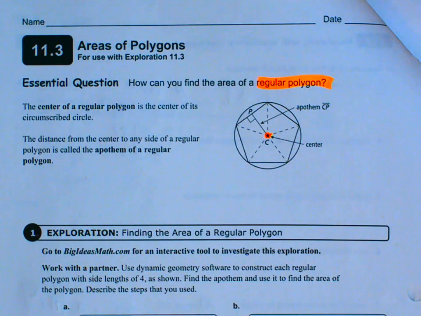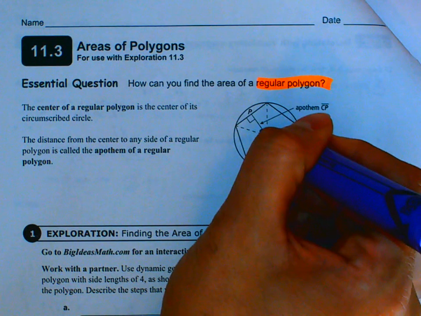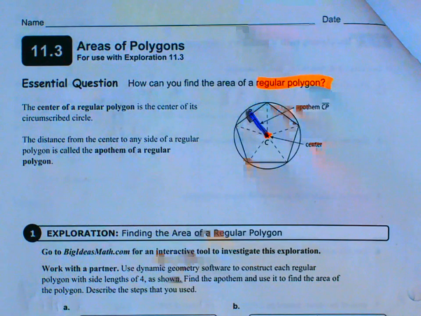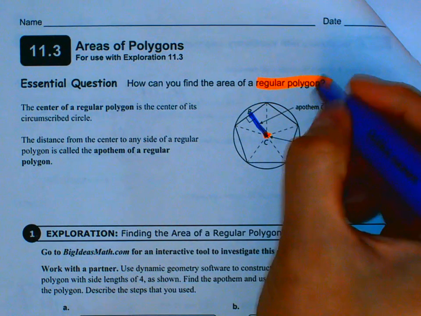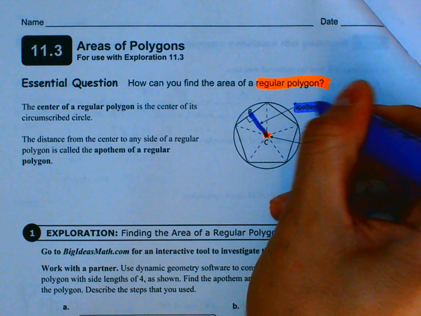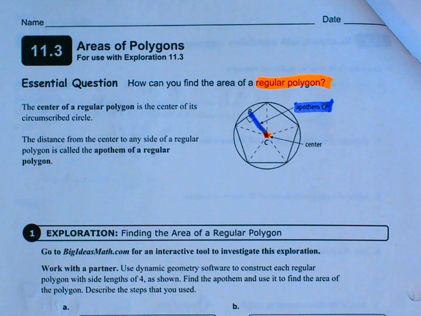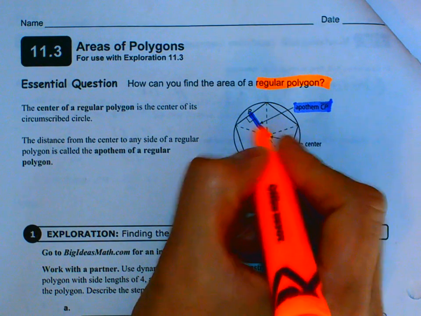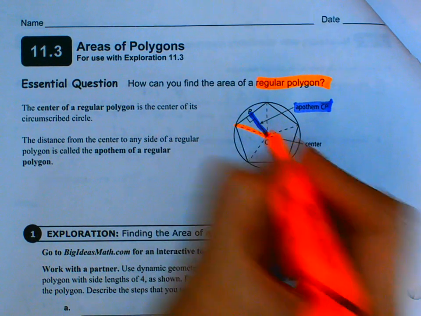Now, there are two segments that we're going to pay attention to. The first one is the distance from the center perpendicular to one of the side lengths. That length is called the apothem. Some people say apothem or apothem, it's the same thing. The other segment is the distance from the center to the vertices of the polygon.